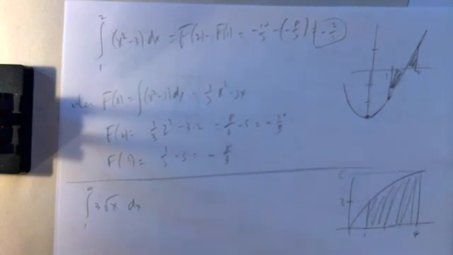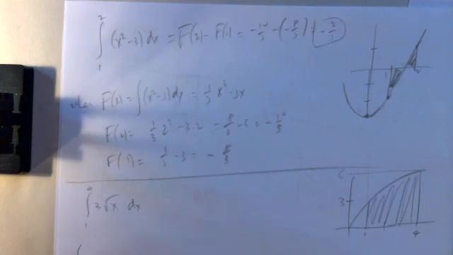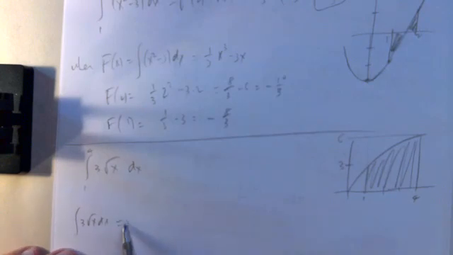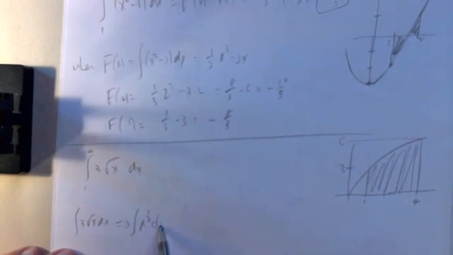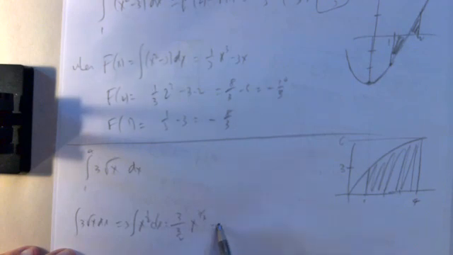We want that area. So the antiderivative of 3 root x dx, that's 3 times the integral of x to the 1/2 dx. When you add 1 to a half, you get 3 halves. So you get 3 over 3 halves, x to the 3 halves, which is 2x to the 3 halves. That's the antiderivative.